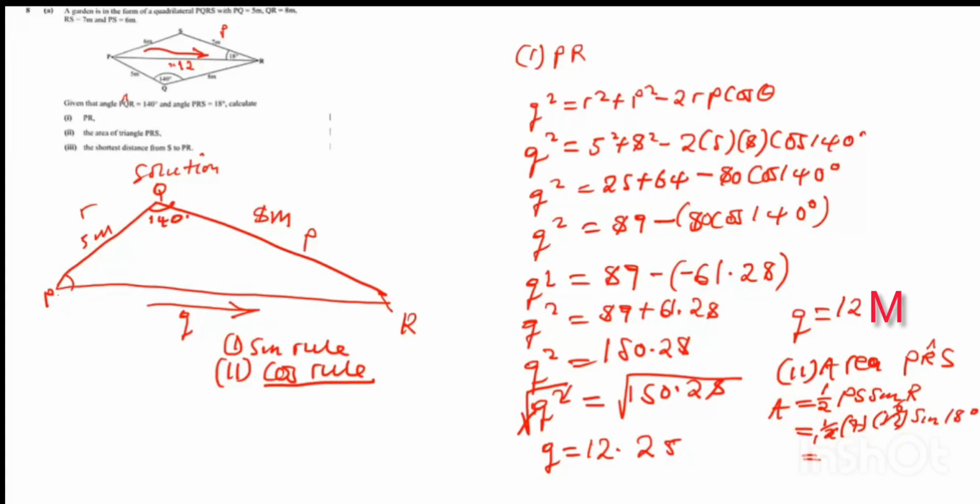Okay, now 7 times 6 is 42. 42 times sin 18 degree, in which it will be equal to 12.9 meter squared, in which when you round off it will be 13 meter squared.